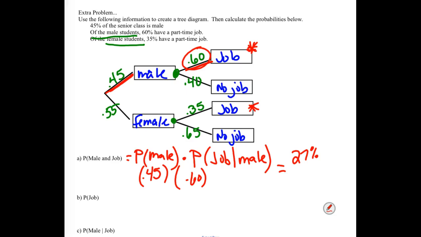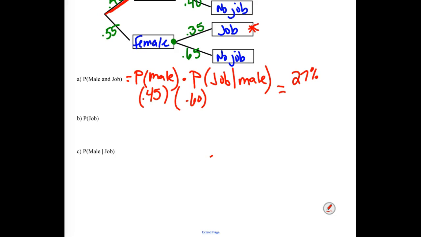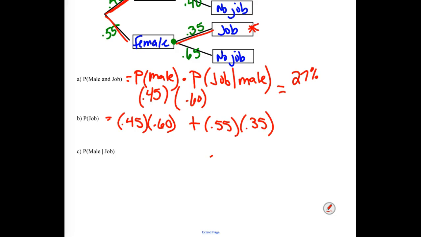So to get out the top branch, we had, what was it, 45%? And then 60? To get out the lower branch, we have 55% and 35%. Yes? So we're going to have to figure out both of those quantities and then add them together. Go ahead and do that.